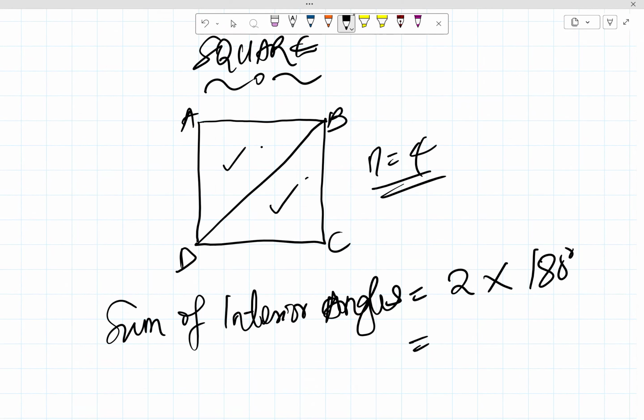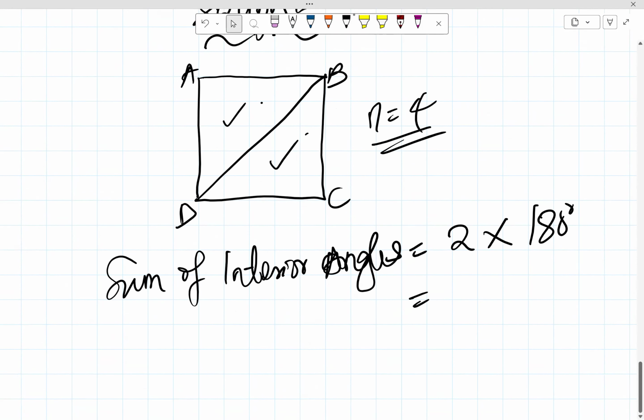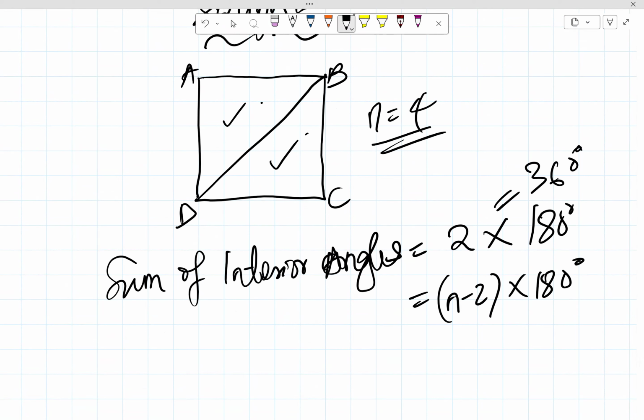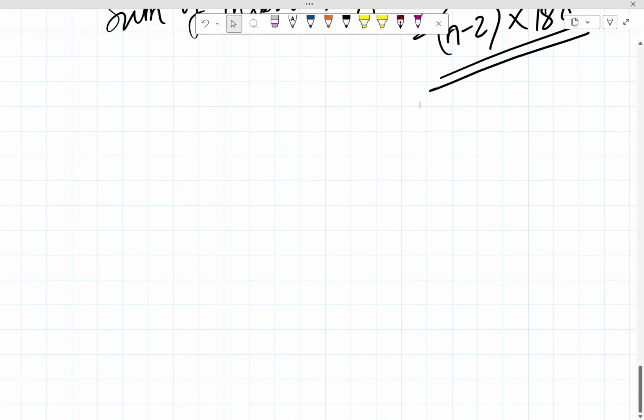So this 2 here is the same thing as n minus 2, times 180 degrees, right? Of course, we already know that this is 360 degrees normally, but this formula holds true here.